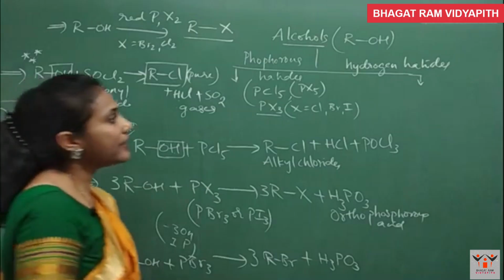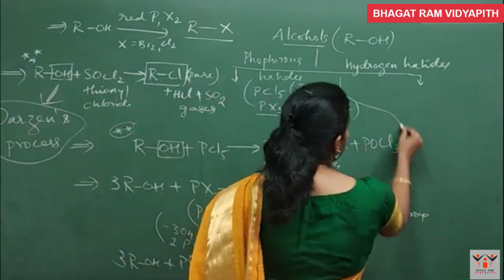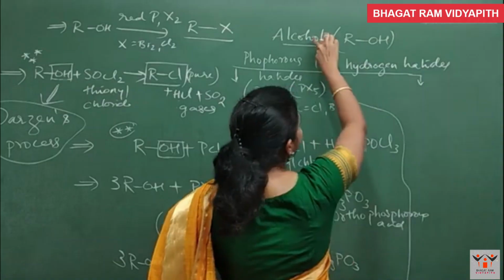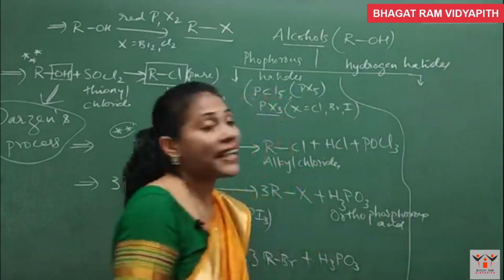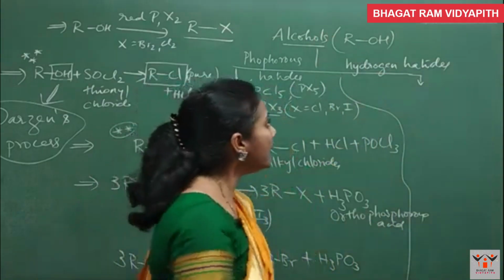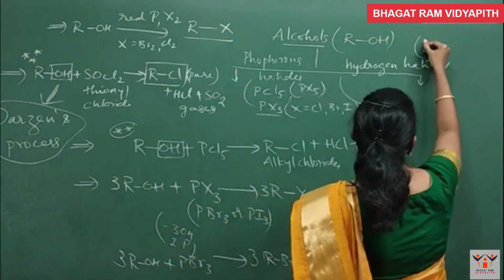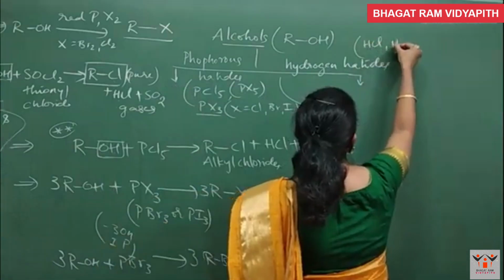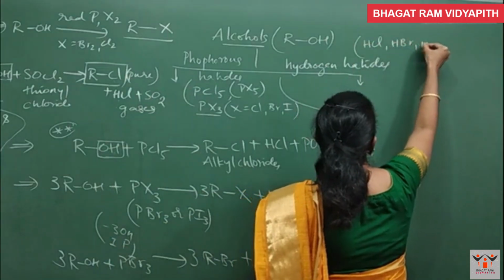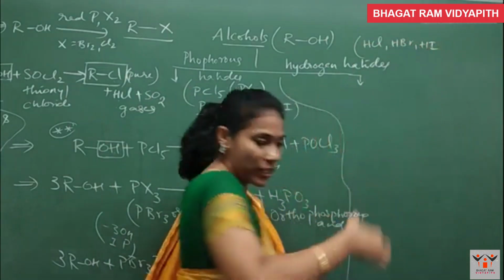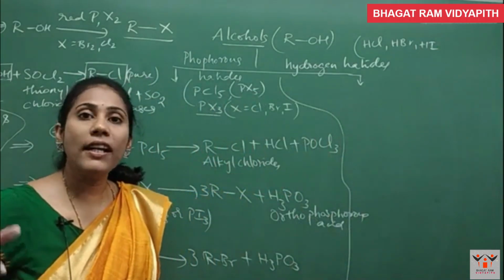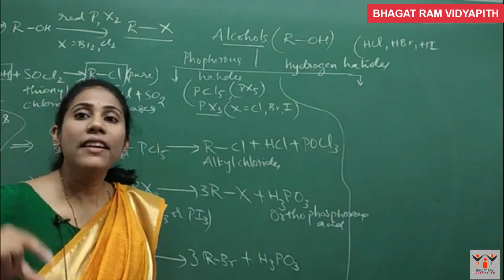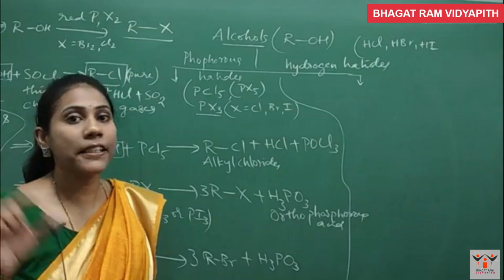Okay, now let us talk about this category. When alcohols are treated with hydrogen halides. What do you mean by hydrogen halides? It can be HCl, HBr, or HI. Hydrogen with halogen is called hydrogen halides. They are the best acids, isn't it?